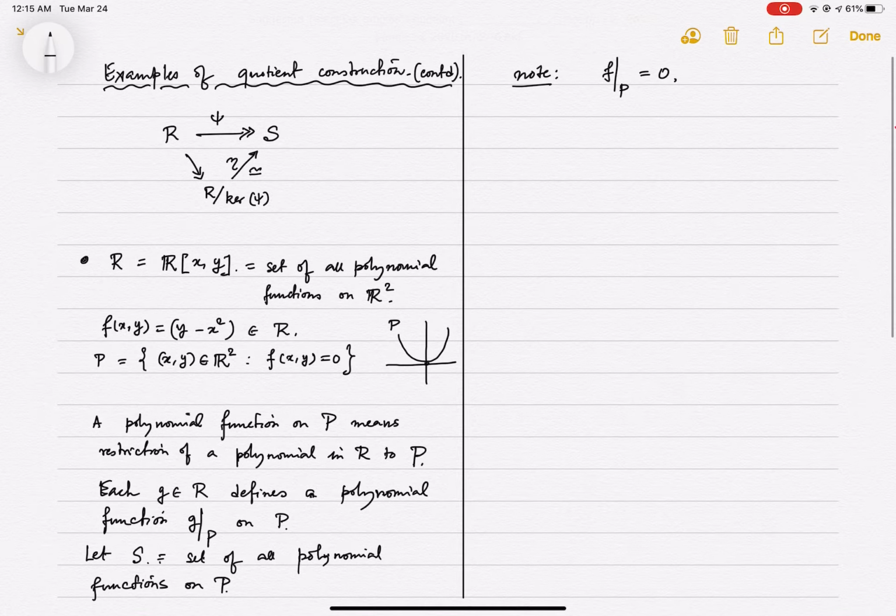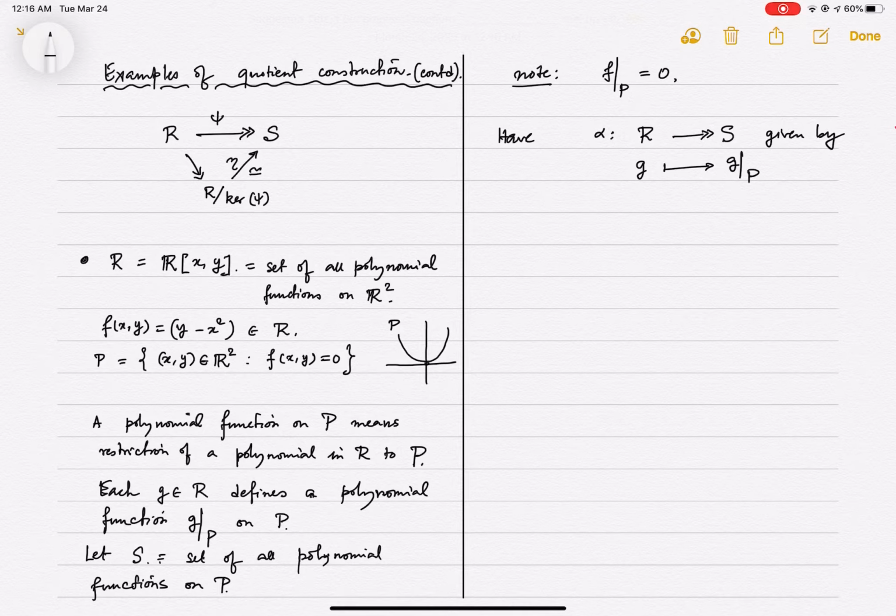So what have I got here? I have a map alpha from R to S, and it's a surjective ring homomorphism, I claim. What is this map? You give me a two-variable polynomial, and I just restrict it to my parabola, and I've got a polynomial function on my parabola.